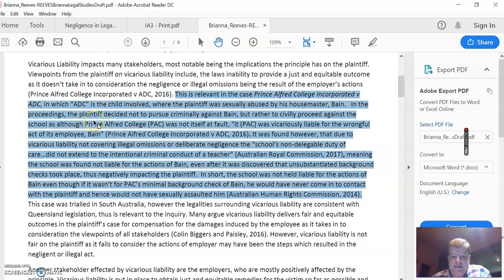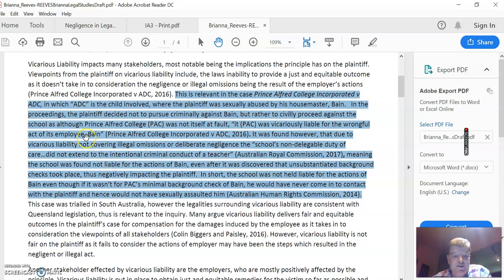In the proceedings, the plaintiff decided not to pursue Bain, but rather to take civil action against the school. Prince Alfred College was not at fault. It was found vicariously liable for the wrongdoing act of the employee. That said, the idea is that an employer has some responsibility for the action of an employee.